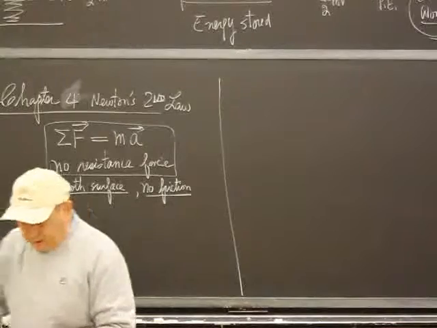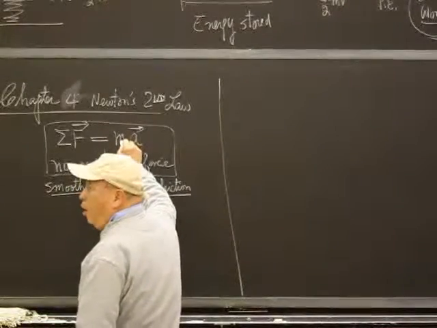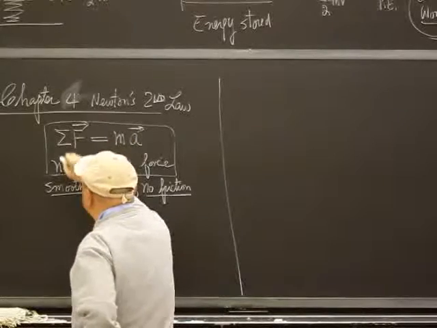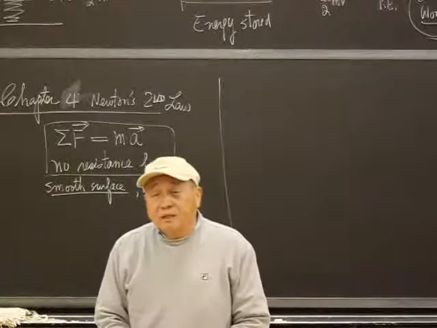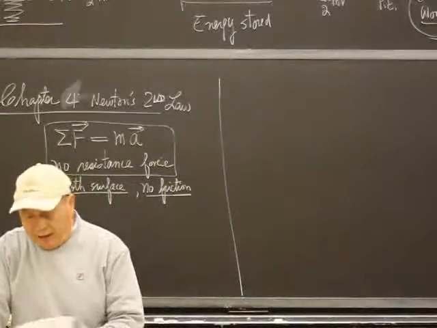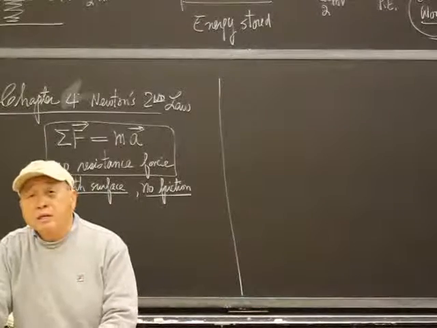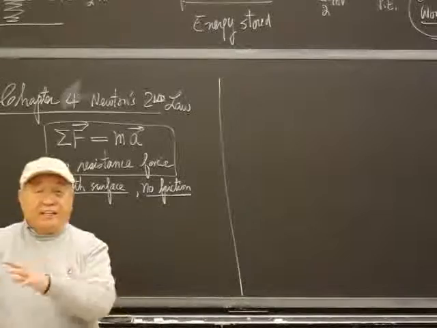If that is the case, the first thing you have to find out is what the force is. That's why in chapter 4, you have to find out what the net force is. There are so many forces acting.